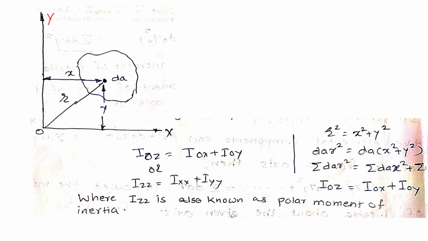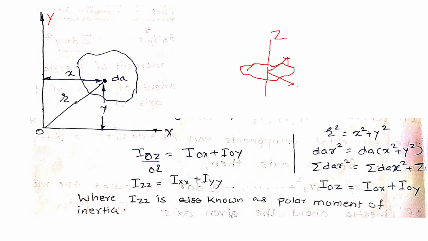If we try to visualize this planar area in 3D, this is the x and y axis for this planar lamina, and then the third axis z is passing through this and perpendicular to this planar lamina, and then we can get this formula. In fact, we will see the proof that Izz is equal to Ixx plus Iyy.